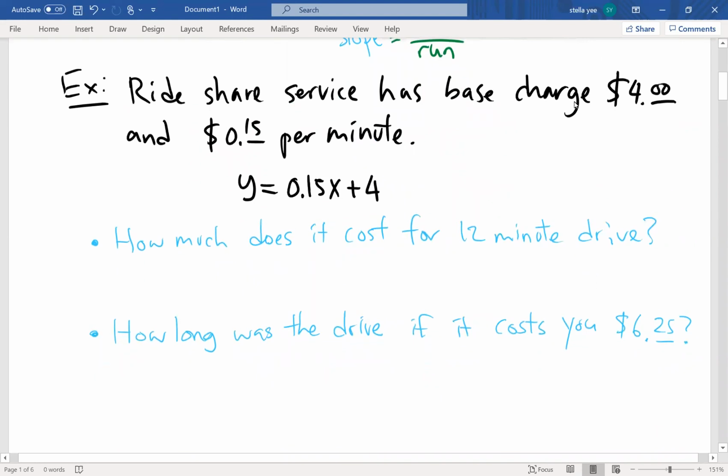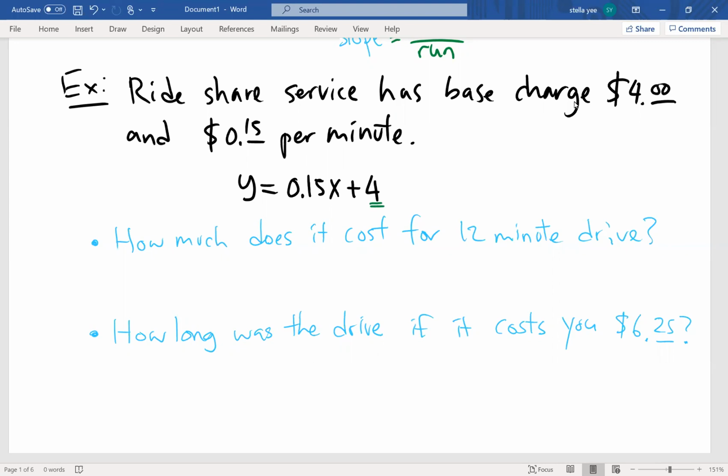Okay, suppose we're using a rideshare service like a Lyft or something, and it has some base charge of $4 just to use the service. And it also charges you 15 cents per minute, right? So if you have this type of relationship, 4 would be the y-intercept.